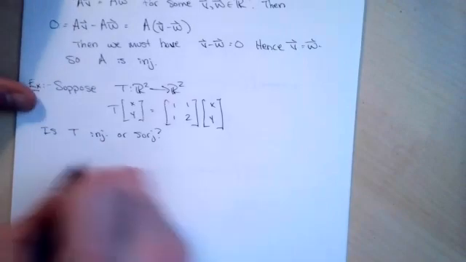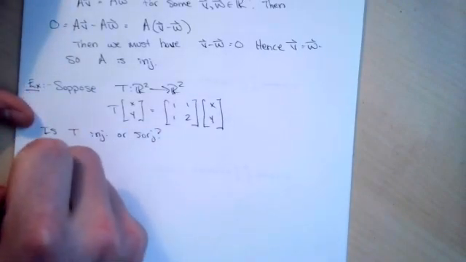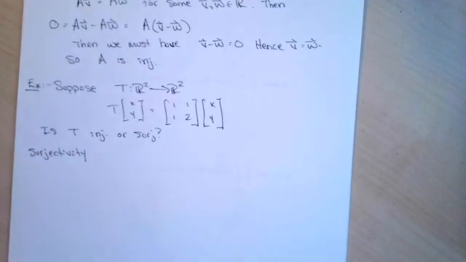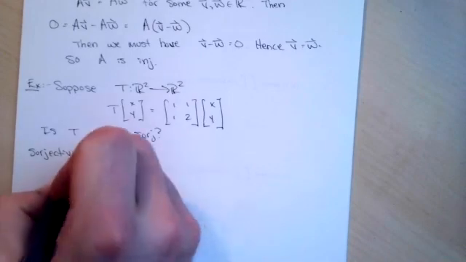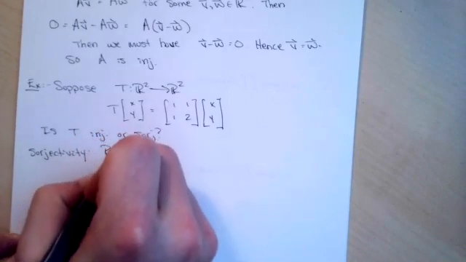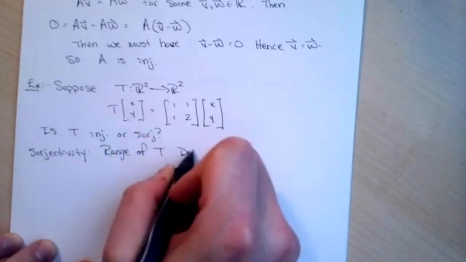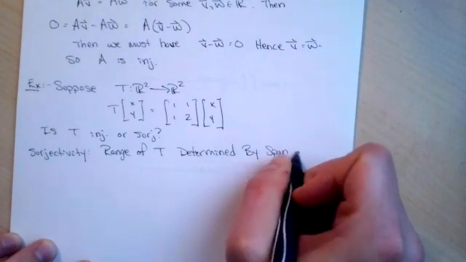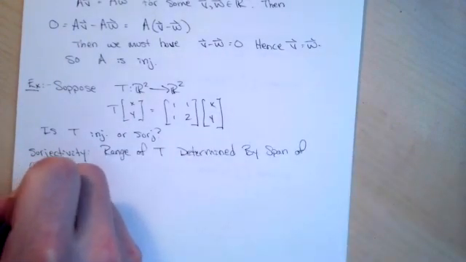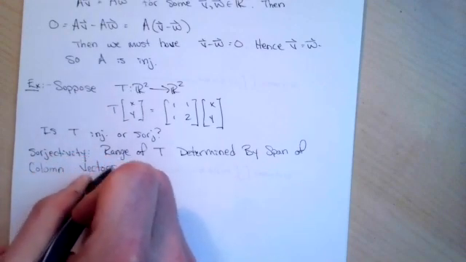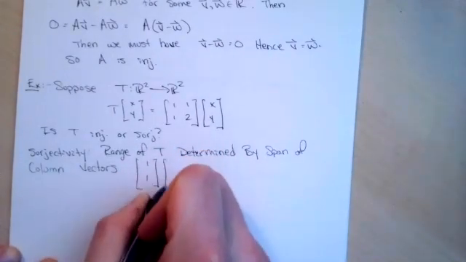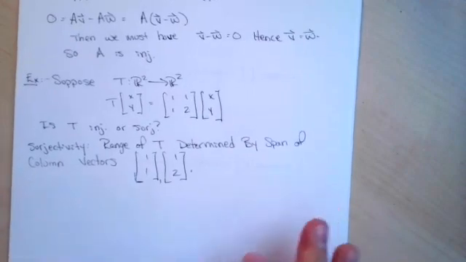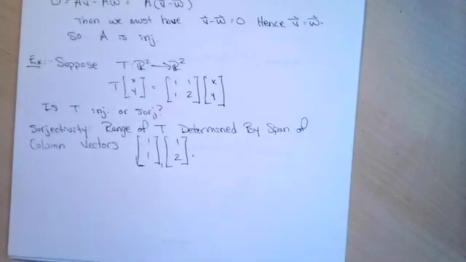So to check surjectivity, right? From our initial observation, the image of T, or the range of T, is determined by the span of the column vectors. So we've got (1, 1) and (1, 2).